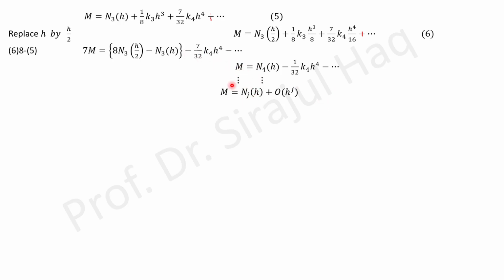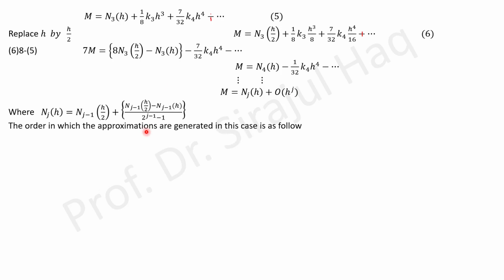I approximated M by Nj of h plus order of h raised to the power j, because you can see if this is 4, this is h raised to the power 4. If this is 3, this is h raised to the power 3. So if this becomes j, this will become h raised to the power j. The formula has been written in this form.